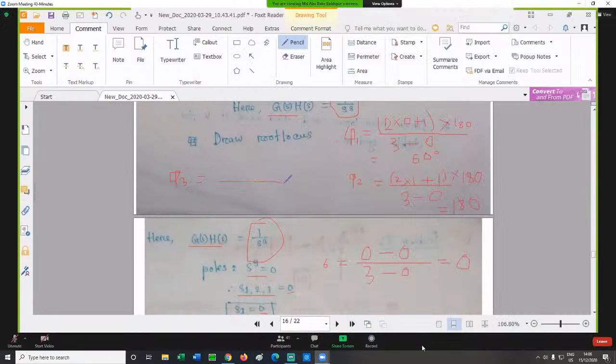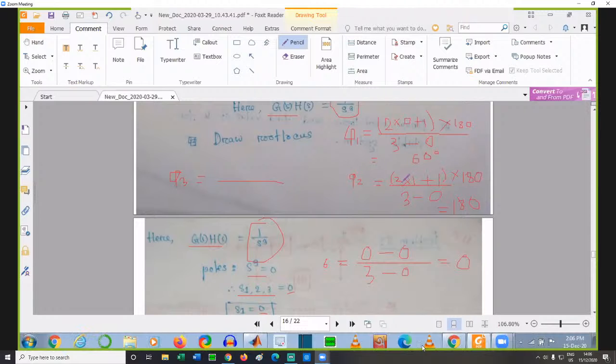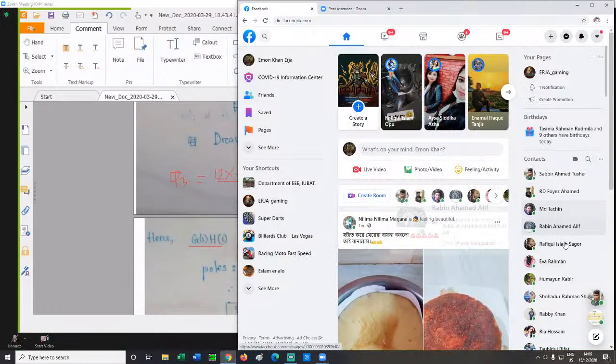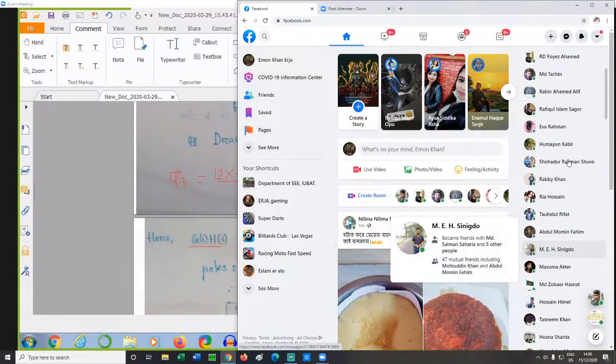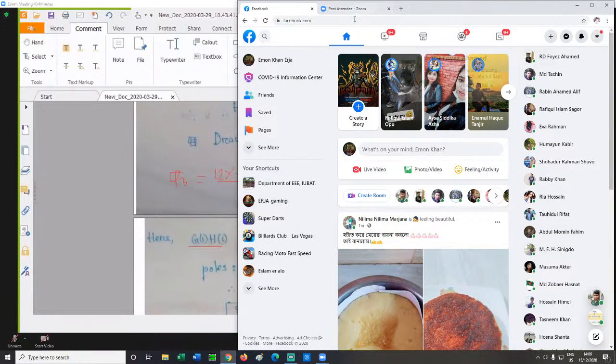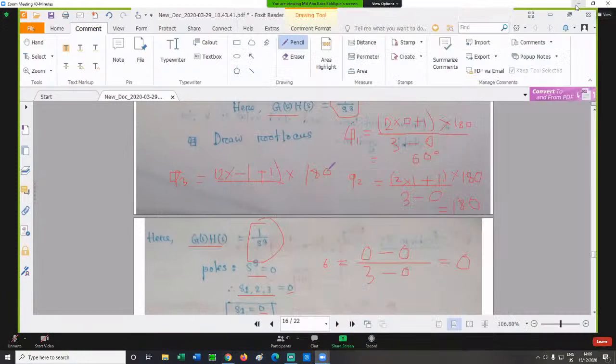Minus 1 will be here. Okay, so minus 1, then 2 into minus 1 plus 1, into 180. Writing with an empty hand is difficult.